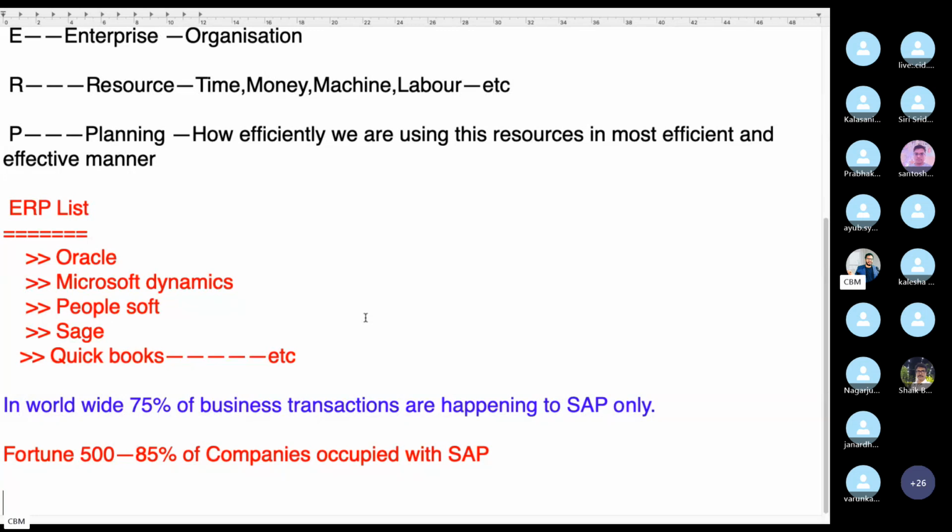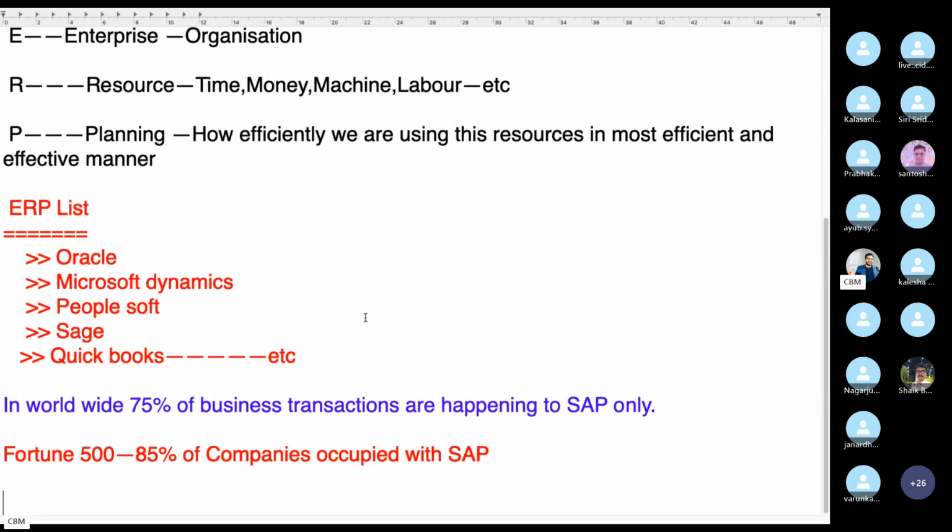Most of the topmost big companies prefer SAP because they have a huge volume of data and different kinds of businesses across the world. Nowadays SAP has come up with SAP One for small organizations also, but earlier most of the big companies were using only SAP.